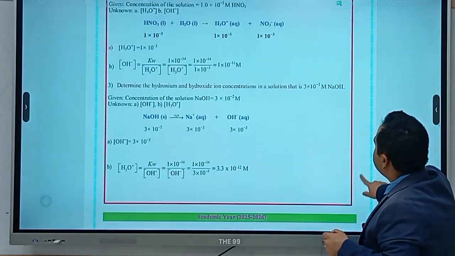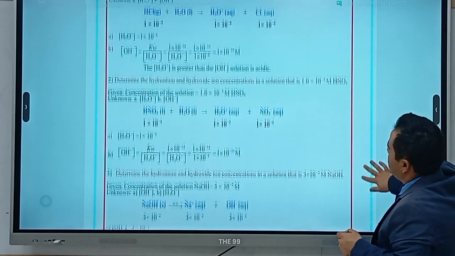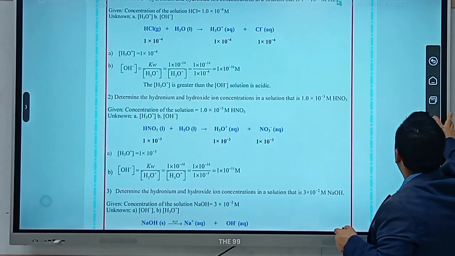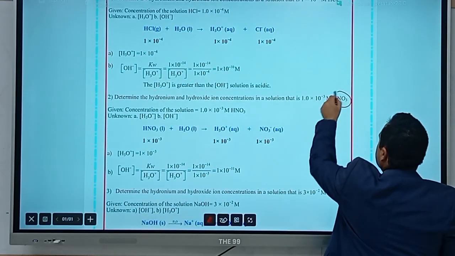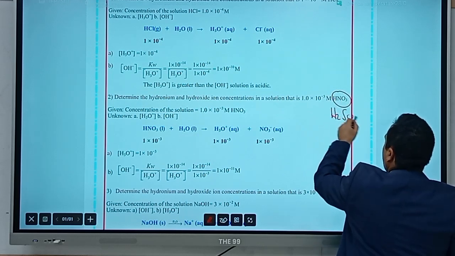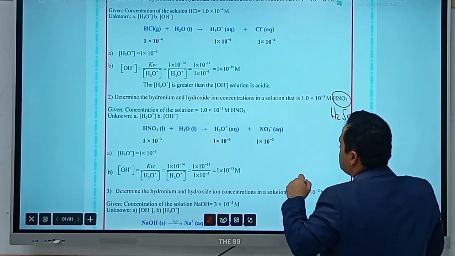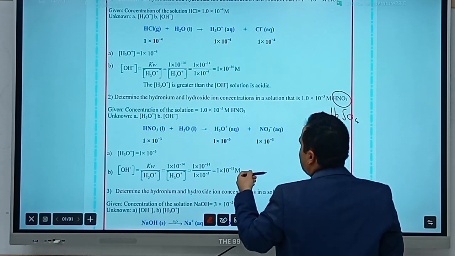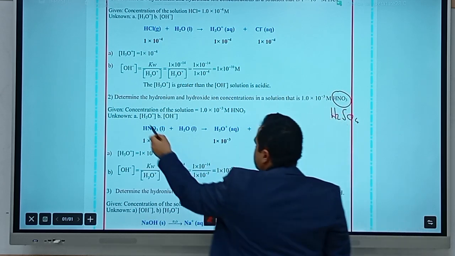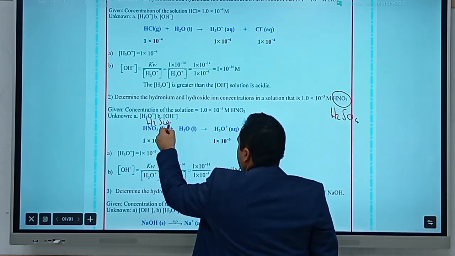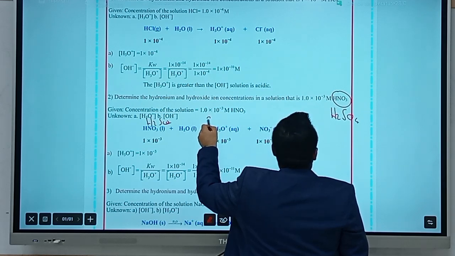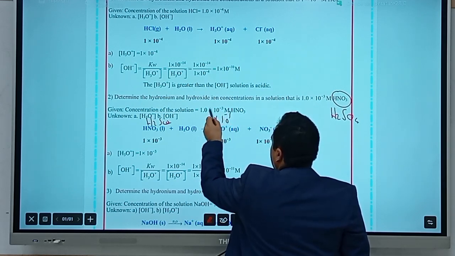Guys, if instead of one of the acids here, for example, instead of this, H2SO4 is given, the H2SO4 will produce twice hydronium as itself, so it will produce 2 × 10^-3 hydronium.